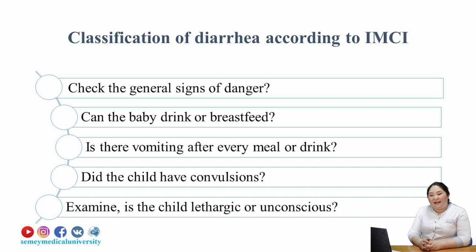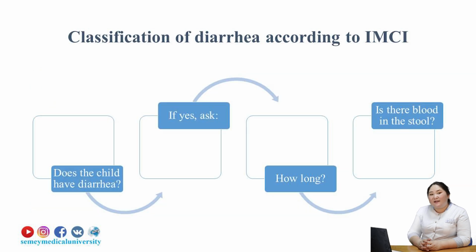Next, can the baby drink or breastfeed, has vomiting, convulsions, and check his consciousness, lethargic or unconscious. And how to classify? If the patient has diarrhea, we must ask, does the baby have diarrhea? If yes, how long? And the next question is, is there any blood in the stool or not?